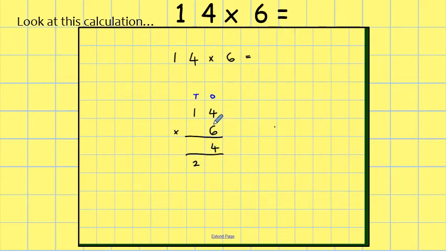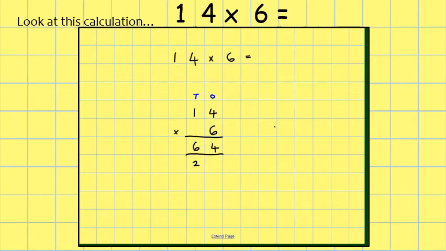Then we multiply our tens number. 6 lots of 10. 10 times 6 is 60 straight away. You know your 10 times table, so you can work out what 6 lots of 10 is. But we can't just put it in here, can we? We can't just put that 6 in there, because we've still got this fella down here, or this little lady.